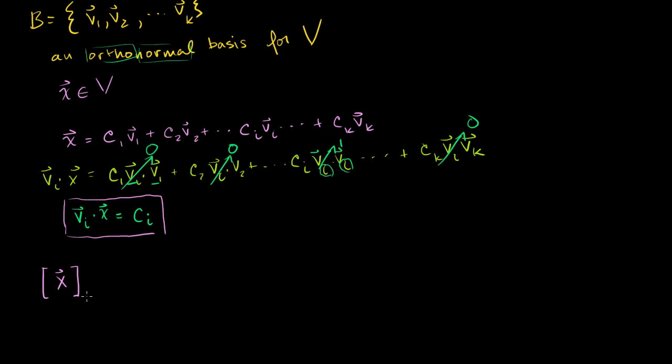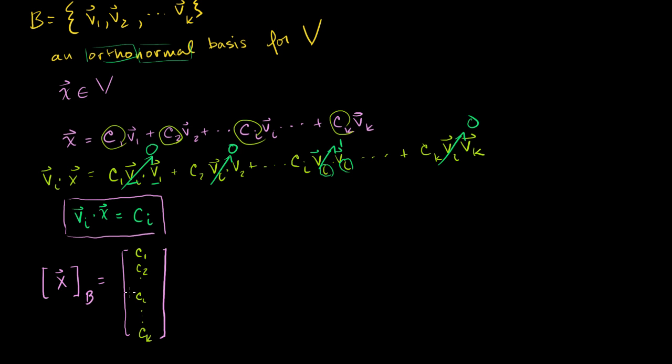So we want to write x with respect to the basis B. The coordinates are just going to be the coefficients on the different basis vectors. This is all a bit of review, right? It's going to be c1, c2, you're going to go down to c sub i, and then all the way down to c sub k. You're going to have k terms because this is a k-dimensional subspace.